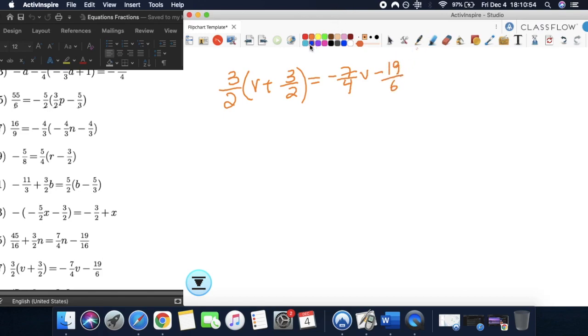Okay, so I will do this before I multiply anything by anything. So I get 3 halves V plus 9 over 4 equals negative 7 over 4 V minus 19 over 6. LCM is 12, so let's multiply everything by 12.